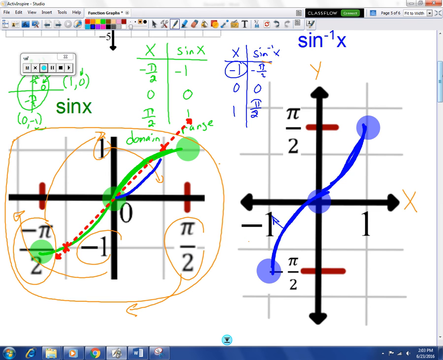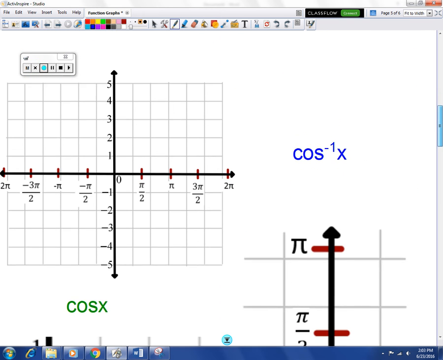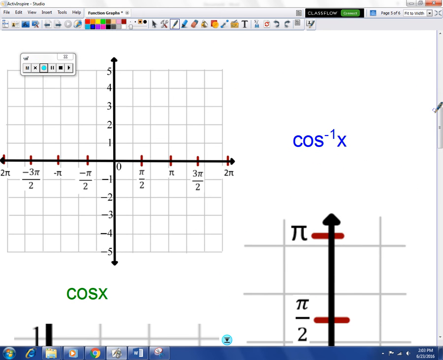Now I'm going to go to, let's try inverse cosine. Inverse cosine will have to be done a little bit differently. So I'll do a regular cosine. A regular cosine has points at 0, 1, pi over 2, 0, pi, -1, 3 pi over 2, 0, 2 pi, 1.